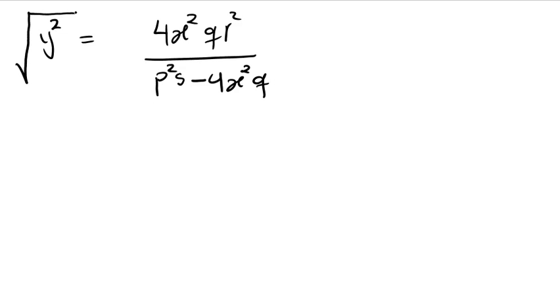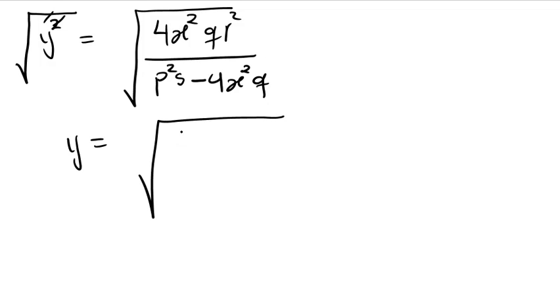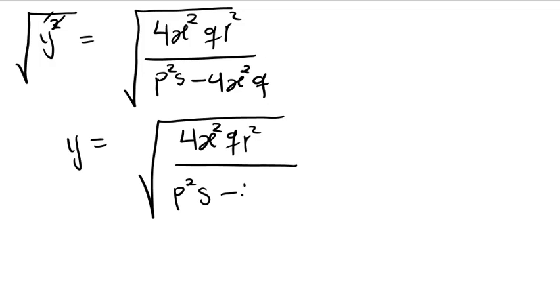This 2 is going to cancel the square root sign, because that is where our interest is. We want to make y the subject. So now we have y being equal to the square root of 4x squared q r squared all over p squared s minus 4x squared q. So this was the question 2a.